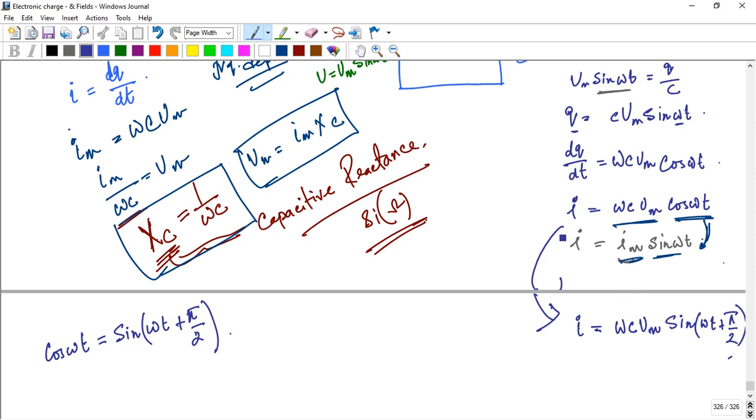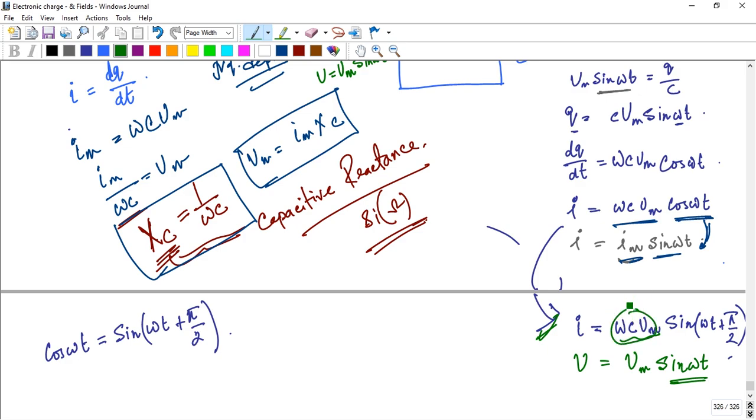So the potential is V equal to Vm sin omega t, and Im represents the maximum current.